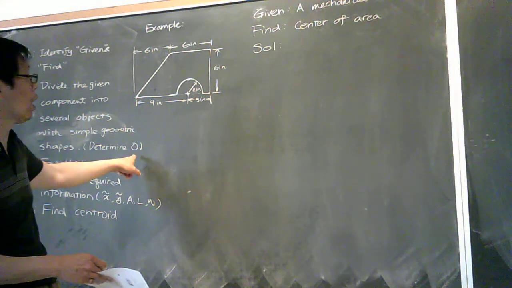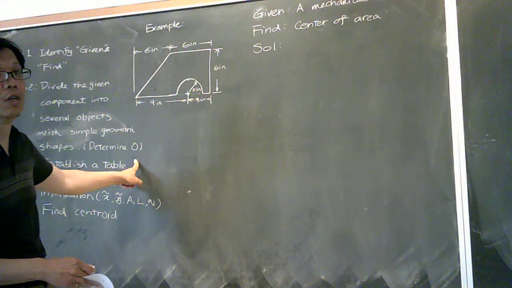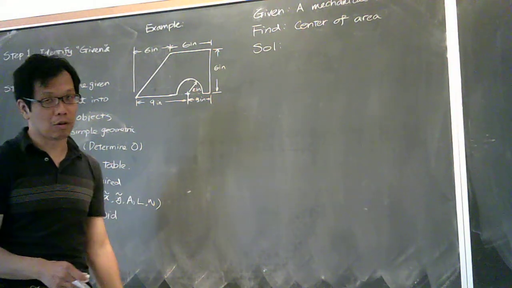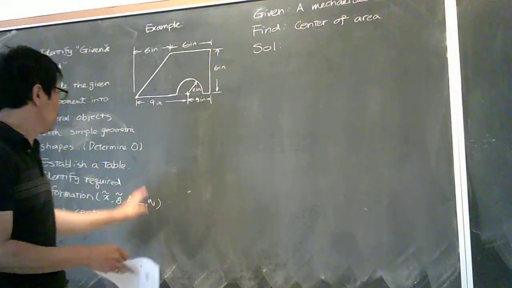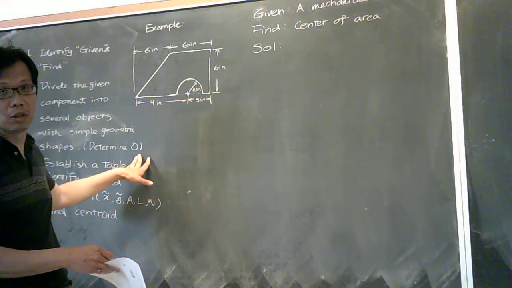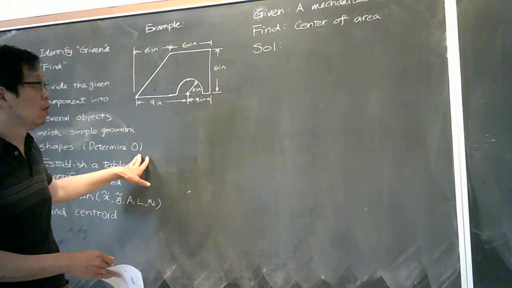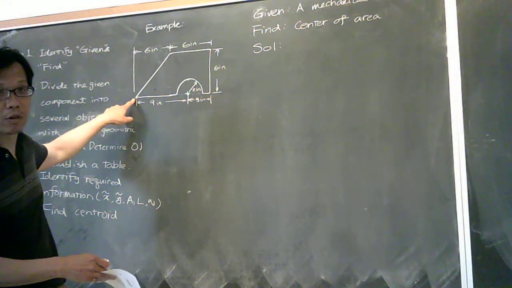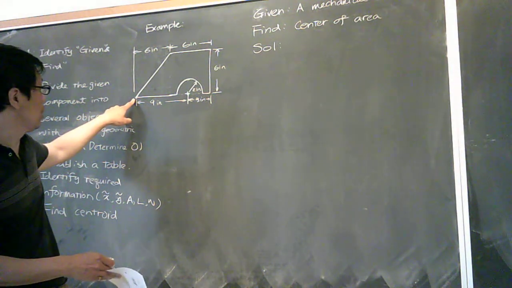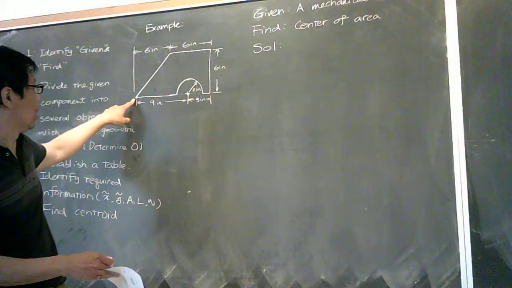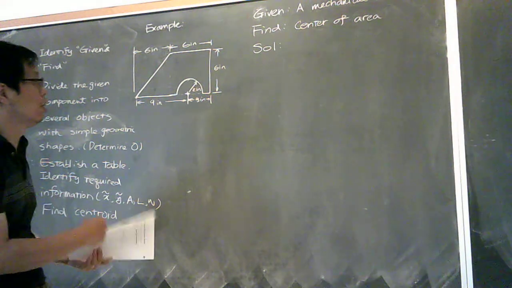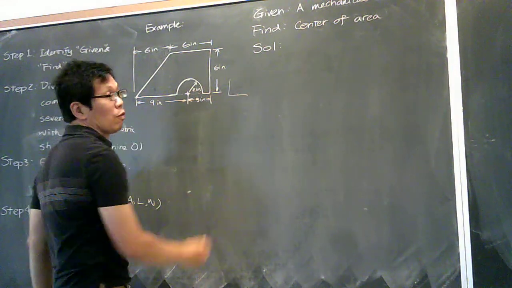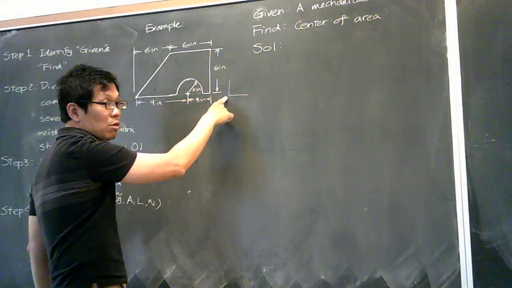So you would need to determine where you want it. In other words, if you use a different origin, the answer is going to be different. Normally I would start from this point over here, simply because in most cases, I would like to start using this kind of coordinate. So this one is my 0, 0.